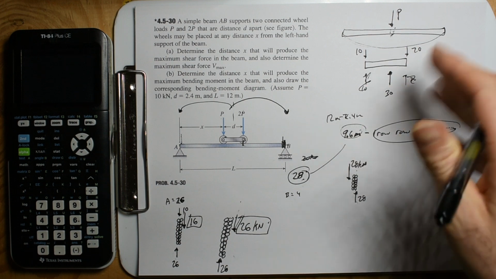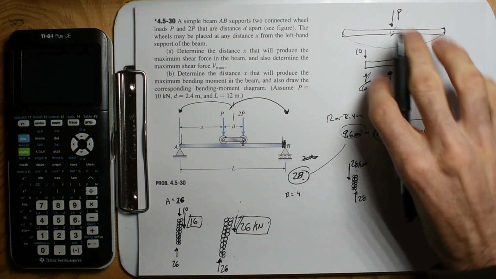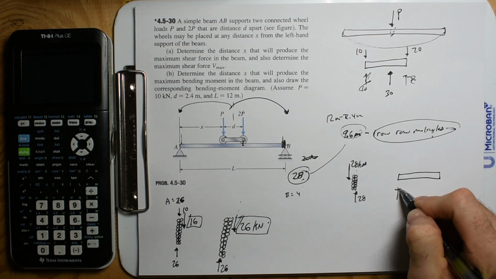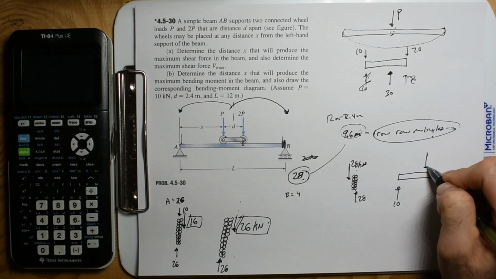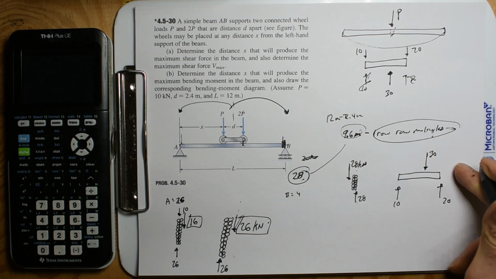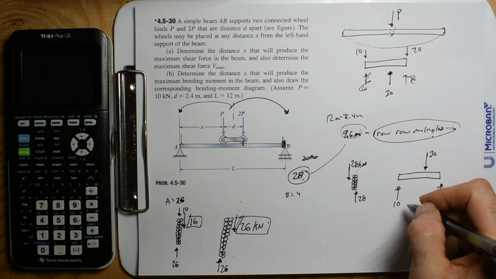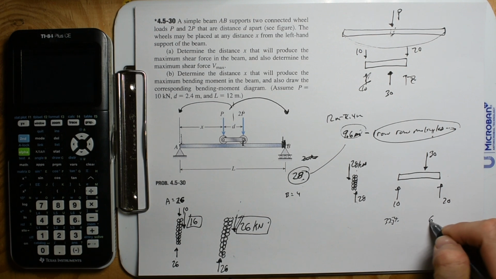Well, we've already gone through this. Let's do this upside down and say this support's going to take 10, this support's going to take 20, and I have a 30 kilonewton load. The only way this makes sense if it's not spinning is that this is going to be 1/3, so we got 33% right here, and then 66.6% right there.